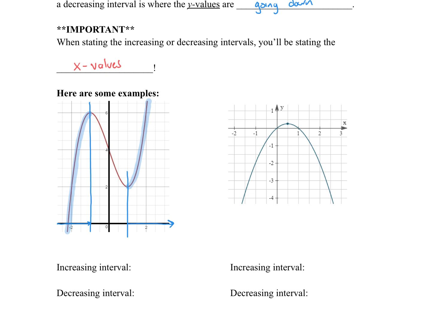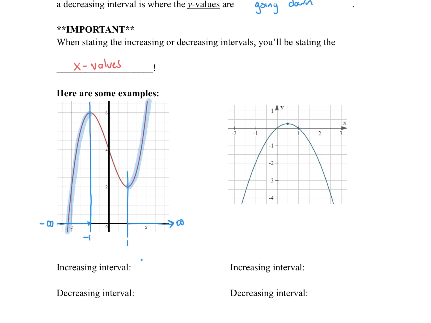Okay, so what does that mean? That means that this is technically increasing from negative infinity to -1, and then it decreases, and then it starts increasing again from 1 to infinity. These are the intervals, not this part, these parts. So how would I write that? I recommend that you use interval notation.